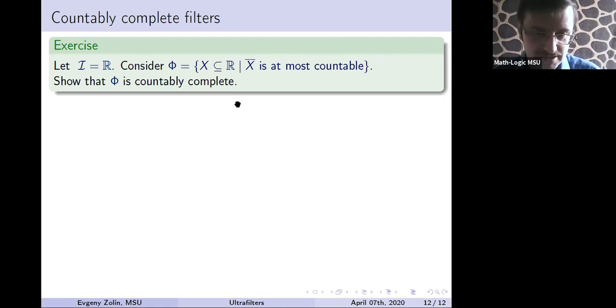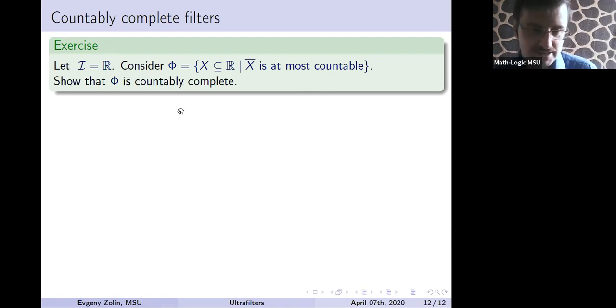But only filters. The question: can we guarantee that any countably complete filter is contained in some countably complete ultrafilter? The ultrafilter has much more sets. And maybe if we take so many sets, then it will not be closed under countable intersection.